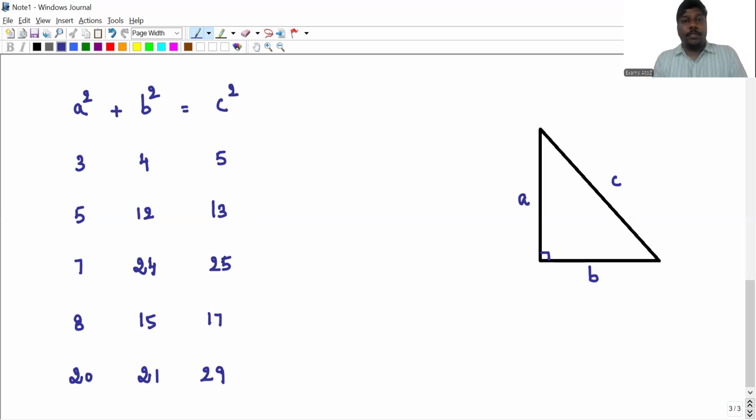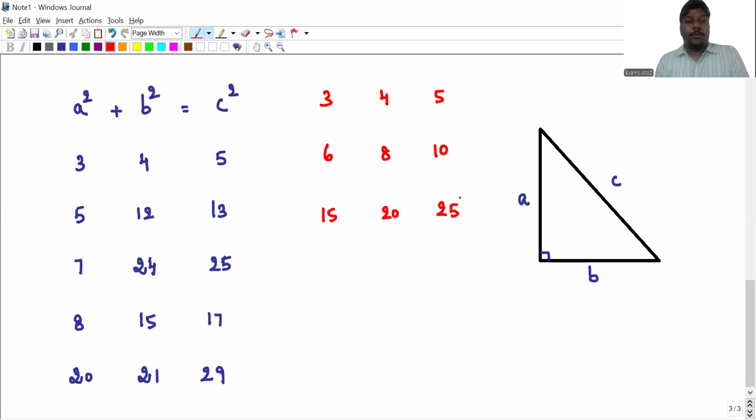Along with these 5 triplets, remember multiples of triplets are also triplets. Such as if I give you 3, 4, 5 and you multiply by 2, what happens? 6, 8, and 10. So 6, 8, and 10 is also a triplet. If you multiply by 5, 15, 20, 25 is also a triplet.